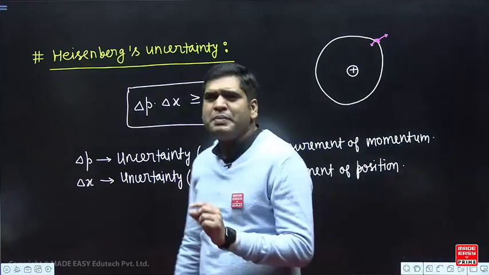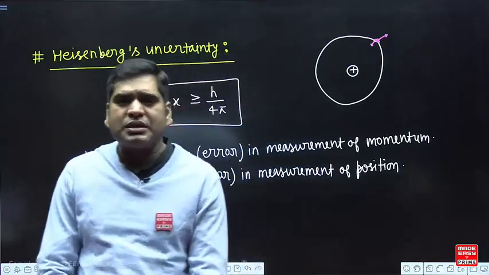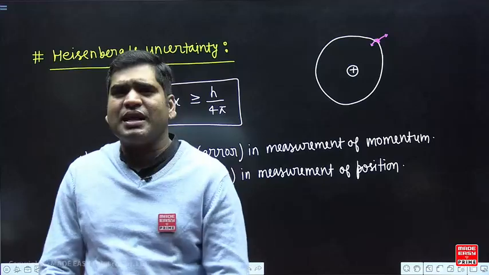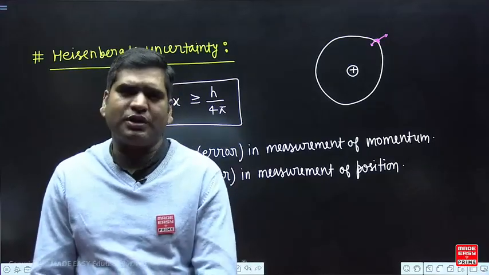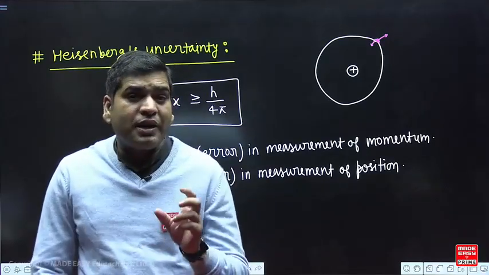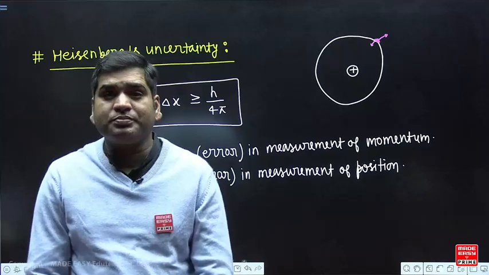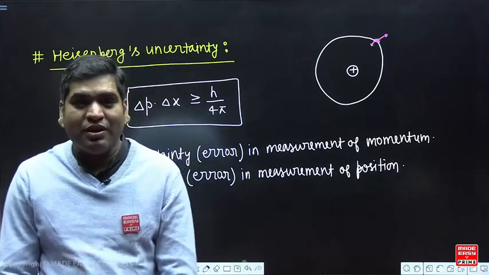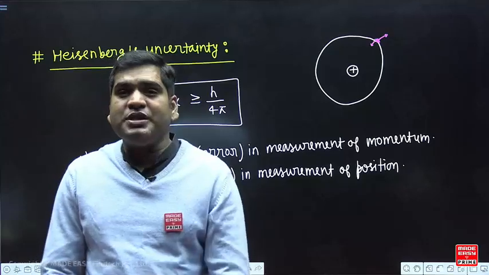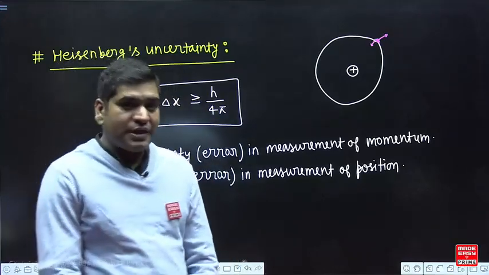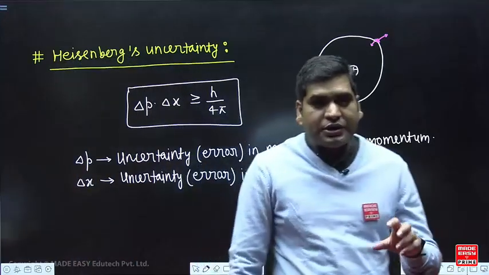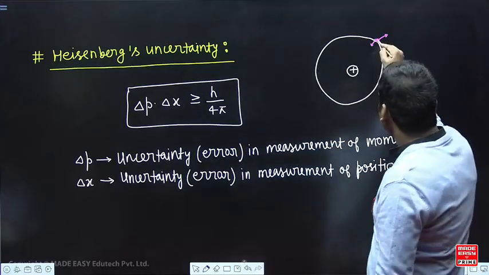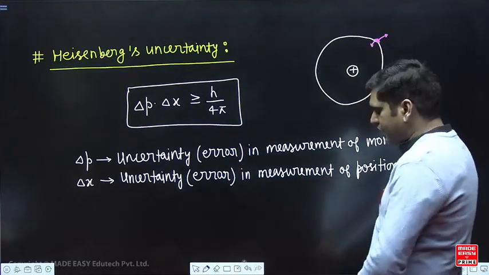So one big implication of Heisenberg's uncertainty principle is that we cannot precisely say that at this point there must be an electron. If we cannot talk about precise position, then we should talk in terms of probability. So the big implication is that we should talk in terms of probability distribution. At this point, what is the probability of finding the electron?